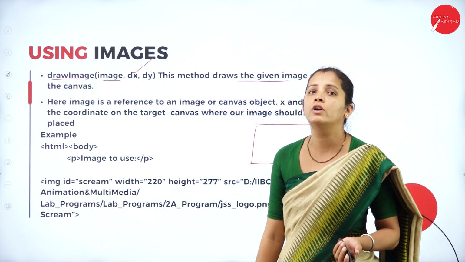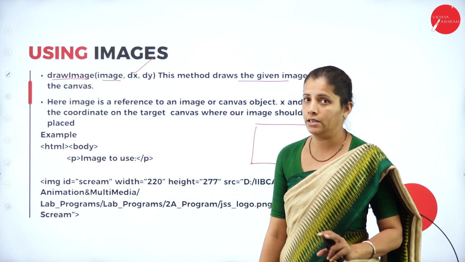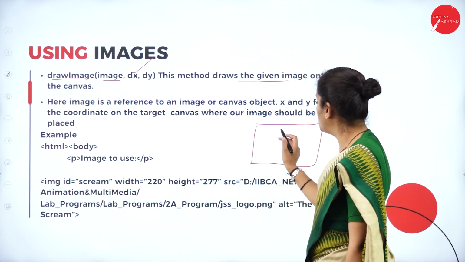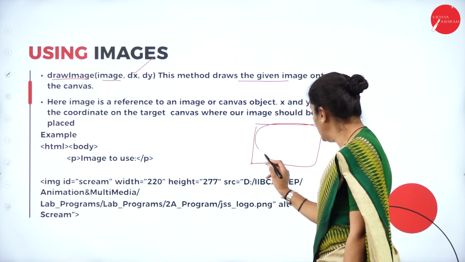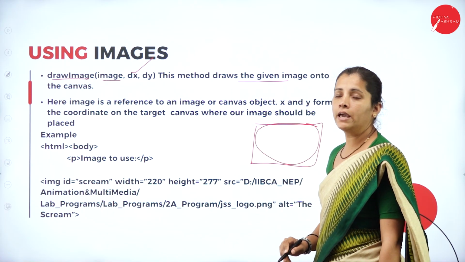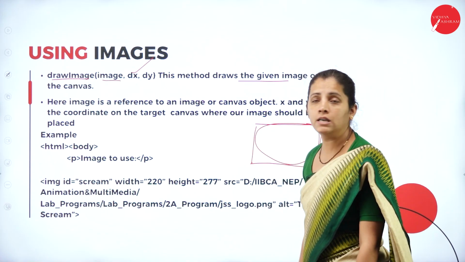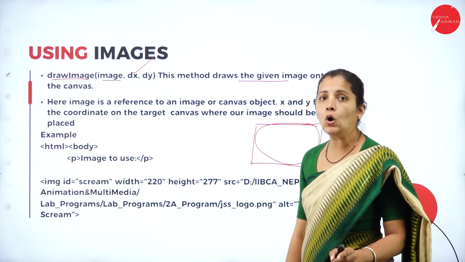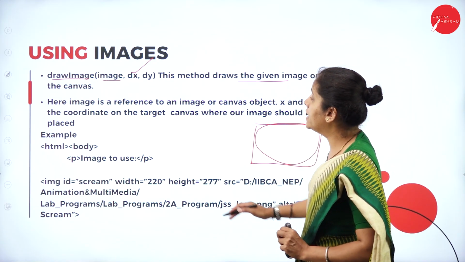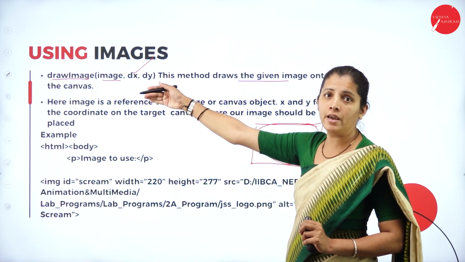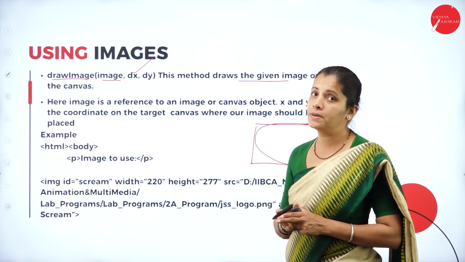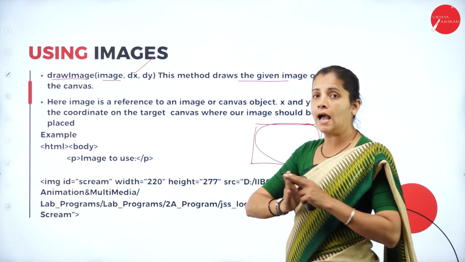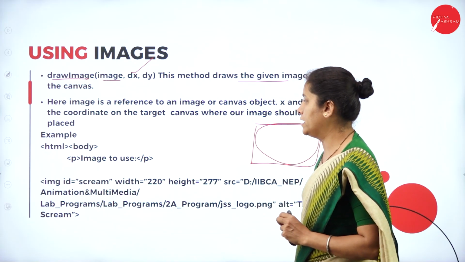Okay, there is no border, there is no content. Now I want to draw the image in this plane. Then I'll use the method called drawImage. I'm going to have the image, and at the same time I'm going to specify the x coordinates as well as the y coordinates.